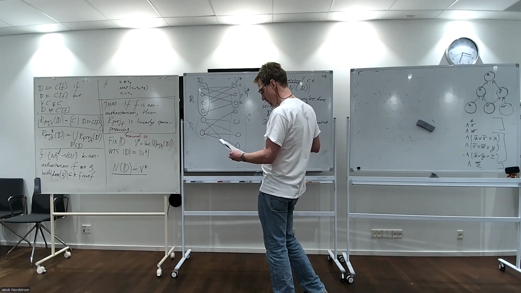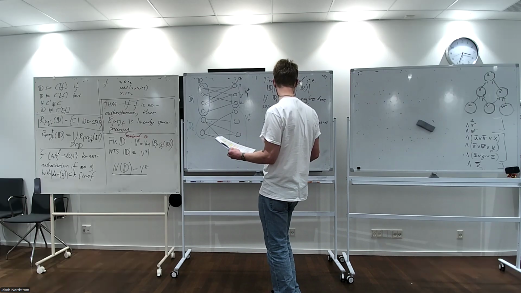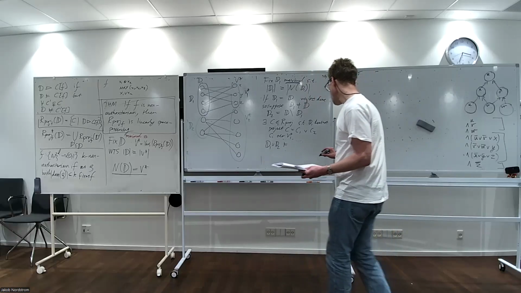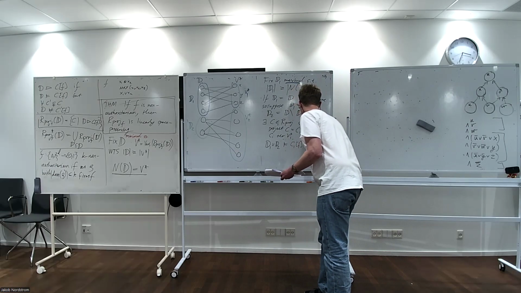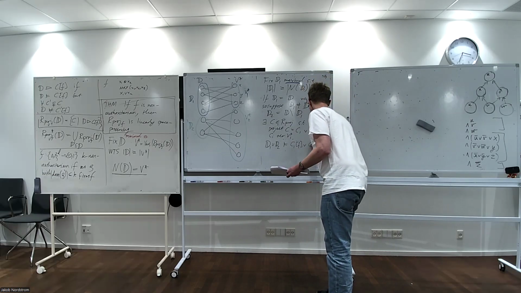Because now I want to say, basically what I'm claiming is now, what do we get? We get that D1 union D2, by definition, oh no, maybe I don't need that assumption, let's see. It's definitely the case that, yeah, I don't think I need that assumption, maybe.